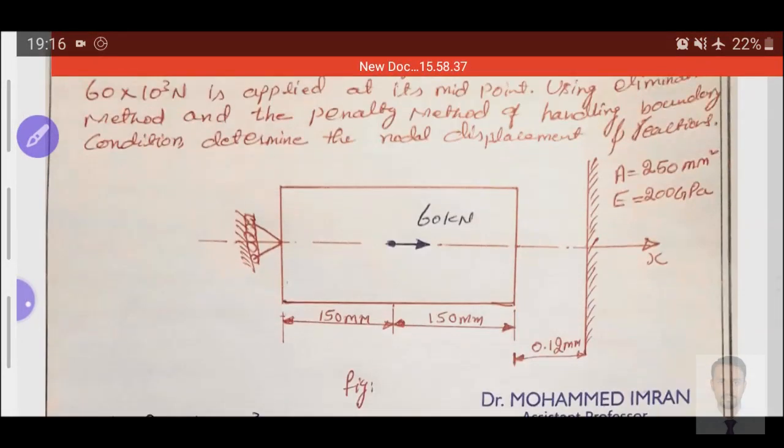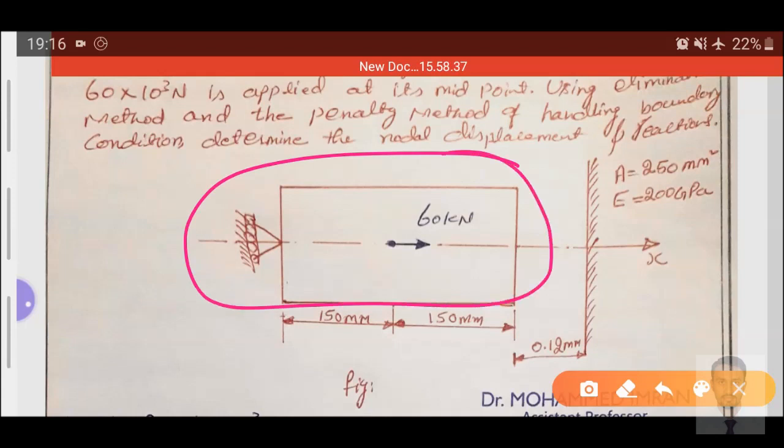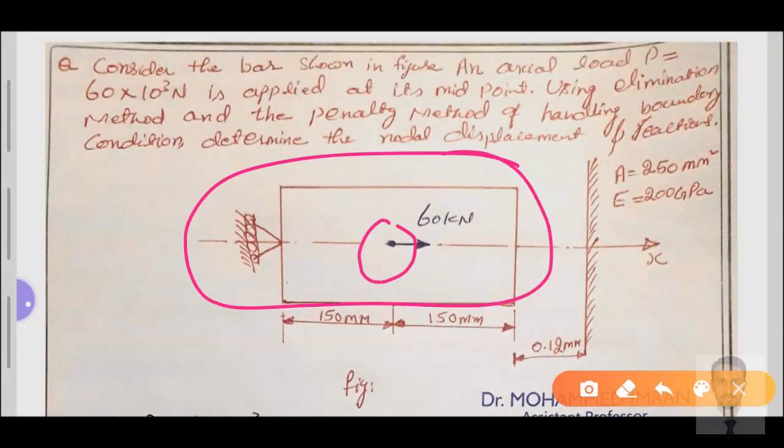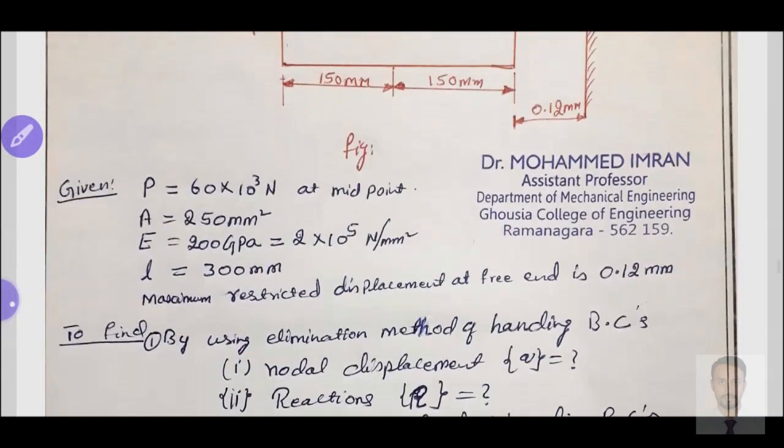We'll take two elements based on the force representation. Force here at the midpoint, from this point to this point I'll say is 1. From the fixed point towards the applied load at the midpoint, element number 1. From the applied load towards the restricted displacement, I'll take element number 2. Single element becomes two elements.